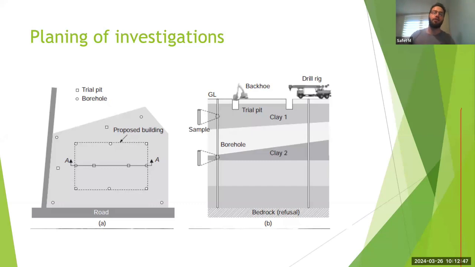That is valid for normal foundations, but not for mats or piles. Generally, for piles, the influence of the foundation is about 10 times the diameter of the pile, and for a mat, it depends mostly on the height or thickness of the mat.